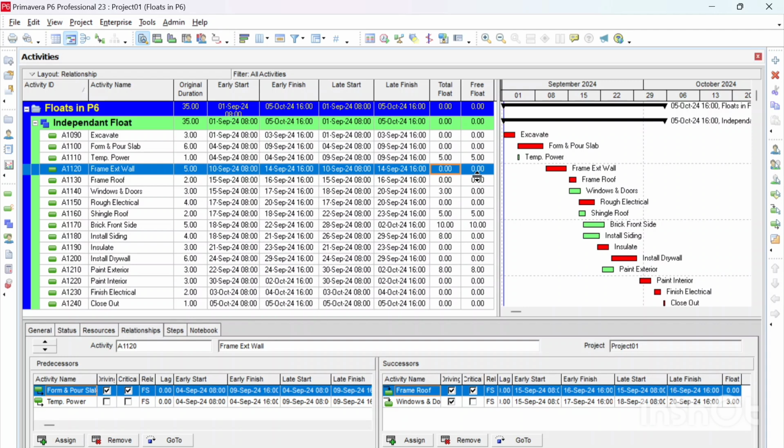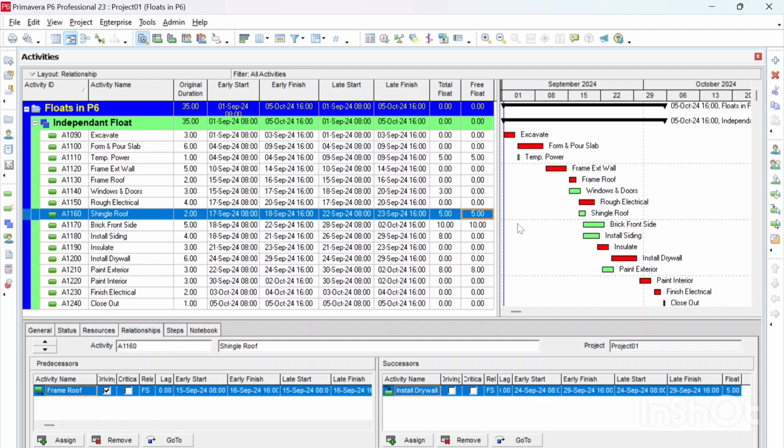Free float is the amount of time an activity can be delayed without delaying the earliest start date of any of its successors. So if we talk about, for example, let's take this activity. In this activity, we have the shingle roof.